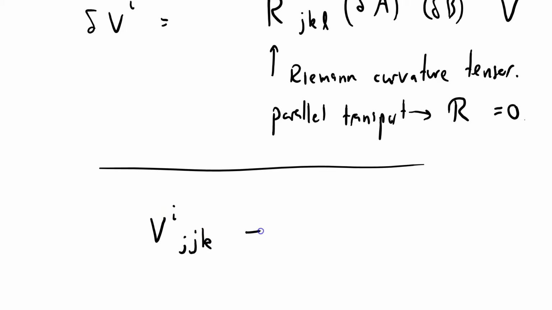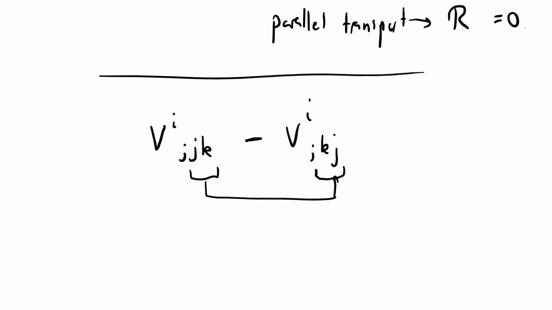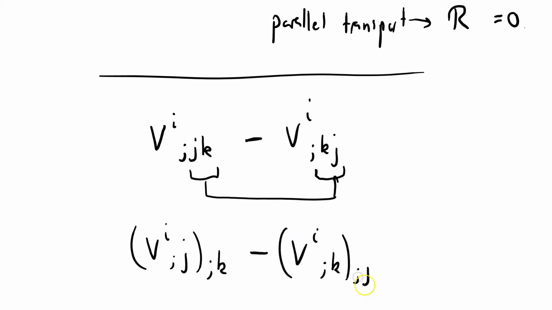And I'm going to subtract v^i semicolon kj. So I'm swapping the order of these two differentiations here. So we've got v^i semicolon j semicolon k minus v^i semicolon k semicolon j.